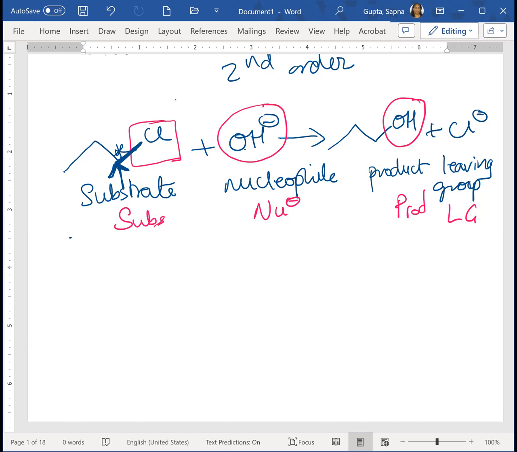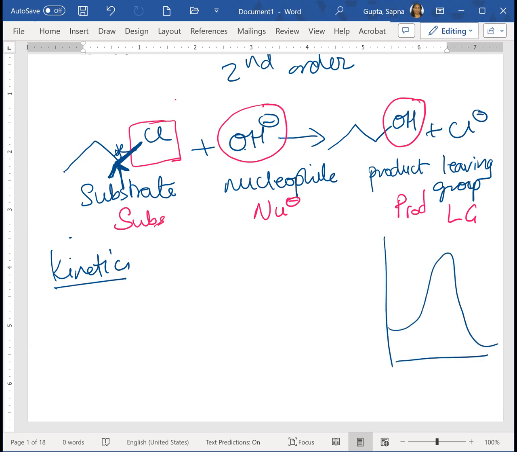The way it works, it turns out, is that you study the order of reaction, because what you do is you study the kinetics of this reaction. The kinetics will help you determine what the transition state is. And if you remember the transition state, we talked about that if you have something like this, right here is the transition state, and the transition state can have one thing or two things in there. That depends on the order of reaction.